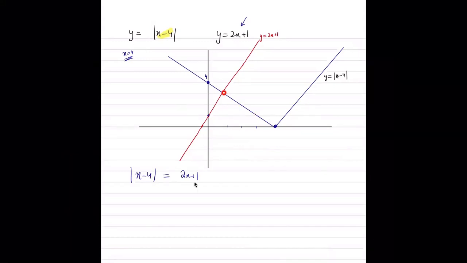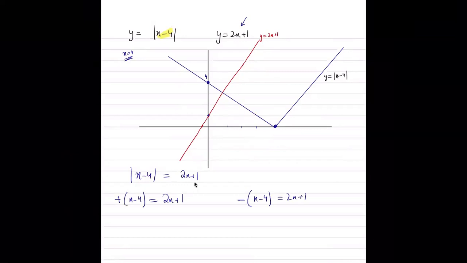Also, what I told you was that if I remove this mod sign, that's going to be plus x minus 4 equals to 2x plus 1, or it could be minus x minus 4 equals to 2x plus 1, right?